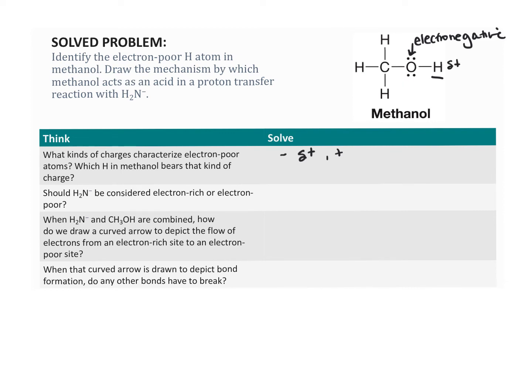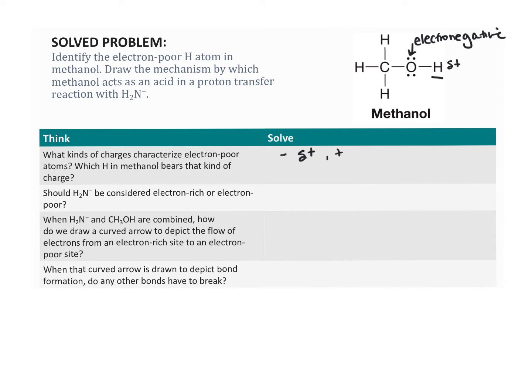Because it's so electronegative, the oxygen wants to pull electrons towards it. It's going to pull these electrons this way, leaving a partial positive charge here. So we've identified the electron-poor hydrogen atom in methanol. That's the first step.